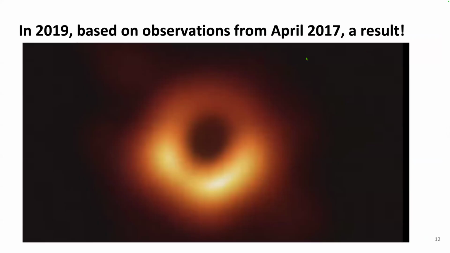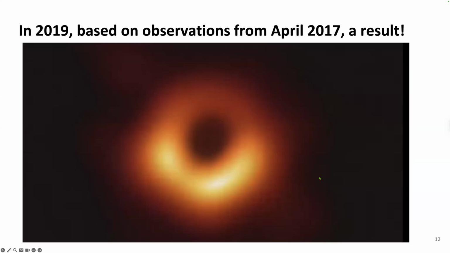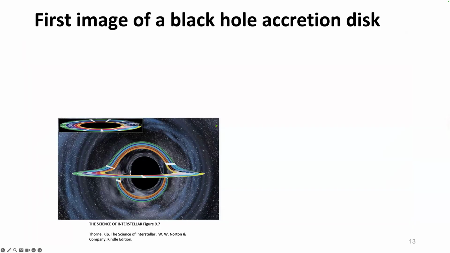So this is from, let me move this out of the way. Let's go back. This is the foreground radiation from the accretion disk, and this is from the far side of the black hole, light that has passed over top of the black hole and made its way to our antenna system.